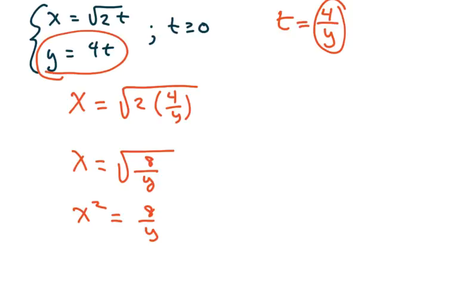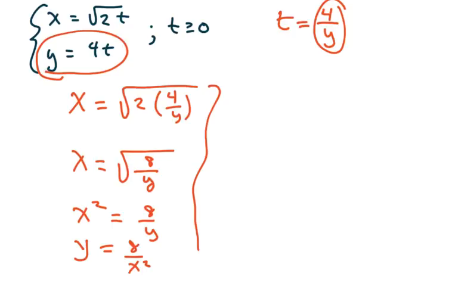So y equals 8 over x squared. I don't really think I like doing that, but we can just do it that way. So y equals 8 over x squared. Okay, you could do it another way, and let's solve it the other way.